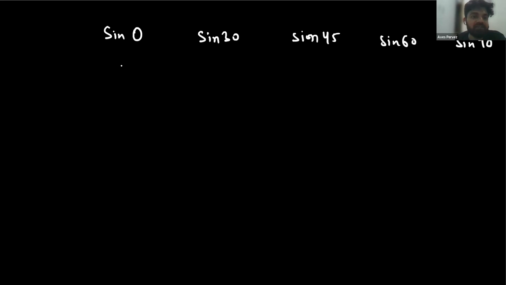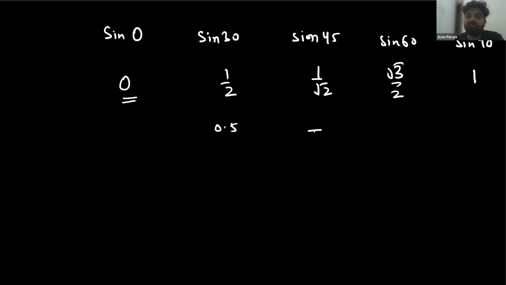Sine 0 is 0, sine 30 is half, sine 45 is 1 by root 2, sine 60 is root 3 by 2, and sine 90 is 1. This one is greater than 0.5, this value is also greater than the previous value, and finally this one is 1.